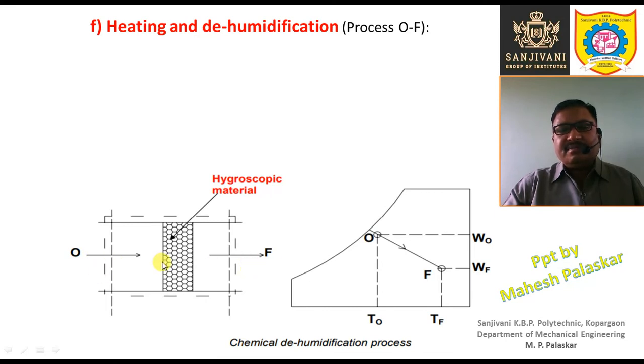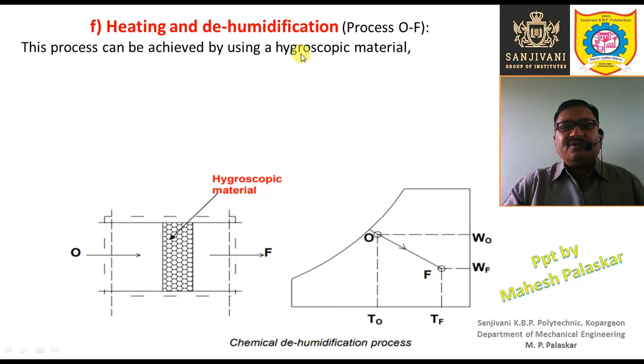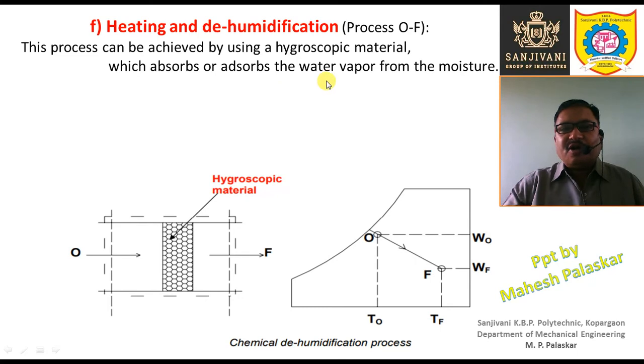The air stream comes in contact with some hygroscopic material and that leads to heating and dehumidification of the air. This process can be achieved by using some hygroscopic material which absorbs or adsorbs the water vapor from the moist air. Instead of writing moisture here, it should be moist air.